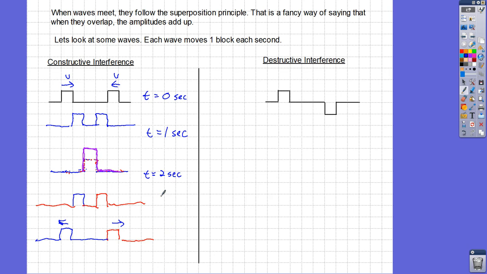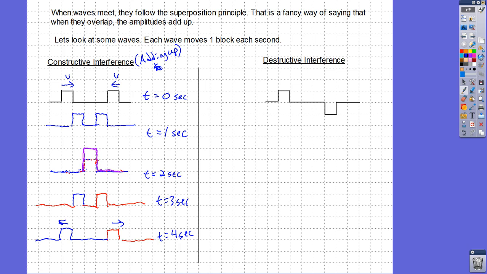And this would obviously be t equals 3 seconds, and this would be t equals 4 seconds. Okay, so this is what we call constructive interference. So constructive interference, you end up meeting and they're adding up. We're building something. So construction is building something.